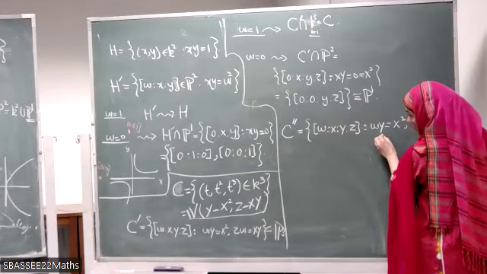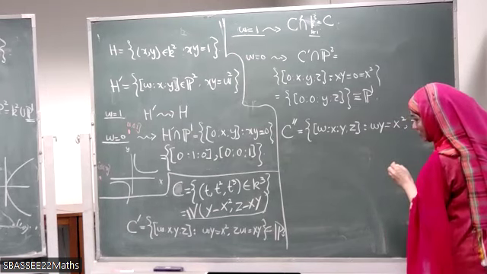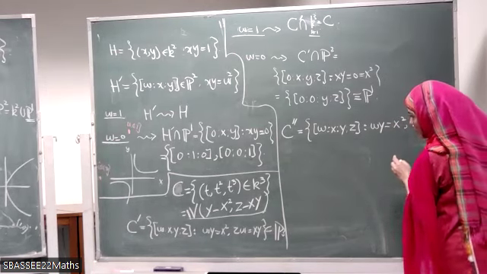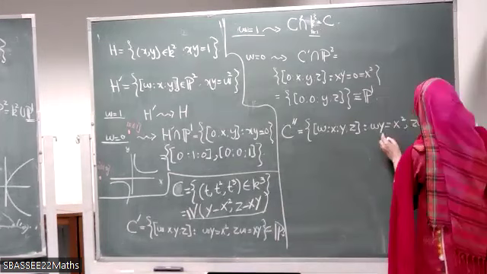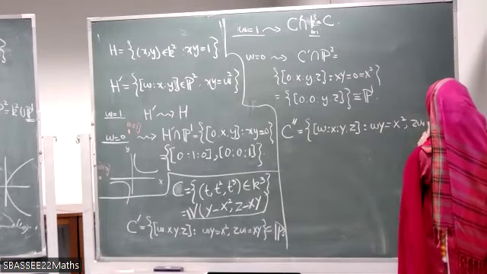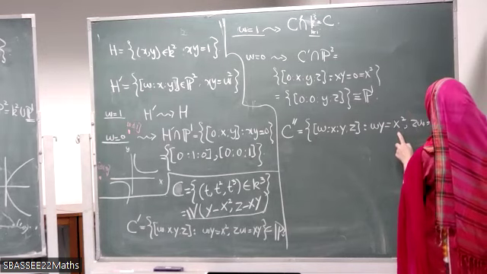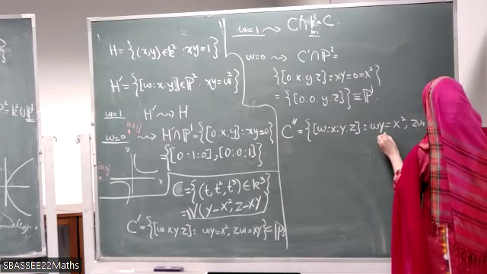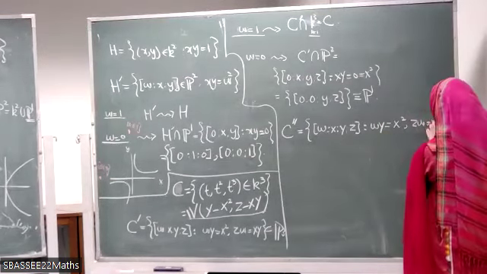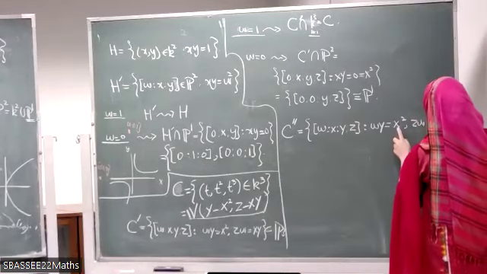Next one. There is one more. xy squared has degree 3. So this is not true. Okay, thank you.